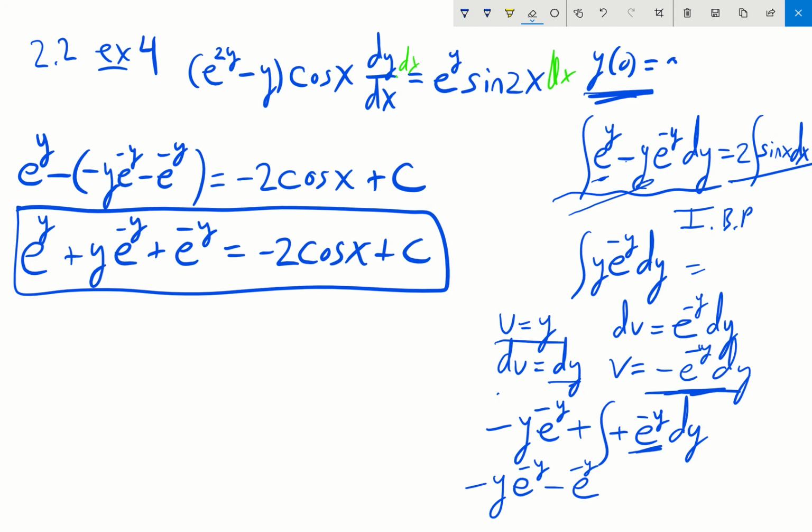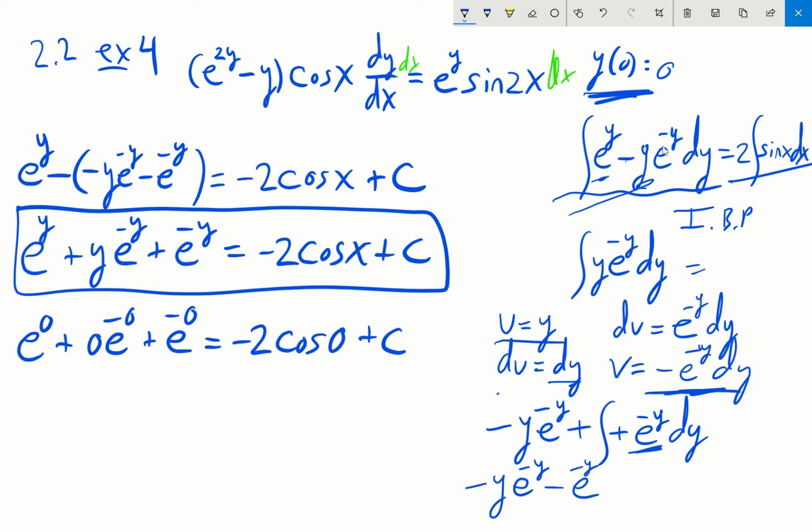And we see that the value for y itself is going to be 0. So 0 for x, 0 for y, so we're going to get e to the 0 plus 0 e to the negative 0 plus e to the negative 0 is equal to negative 2 times the cosine of 0 plus c.